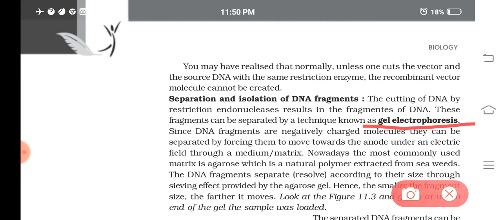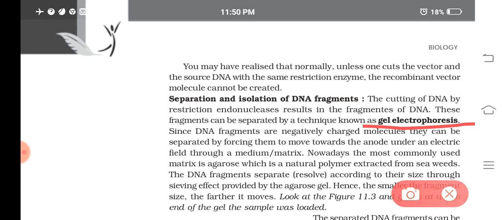Have you studied about agarose? Last year you have studied, isn't it? Agarose is a semi-solid substance obtained from algae. So this agarose can be used as a medium, and under the electric field, the DNA fragments, being negatively charged molecules, will be forced to move towards the anode.